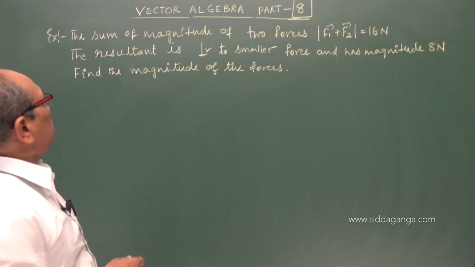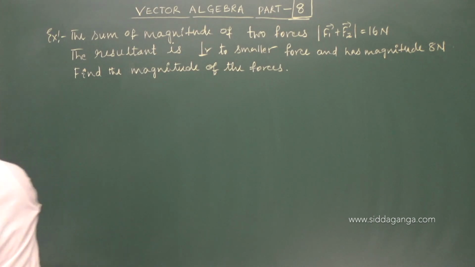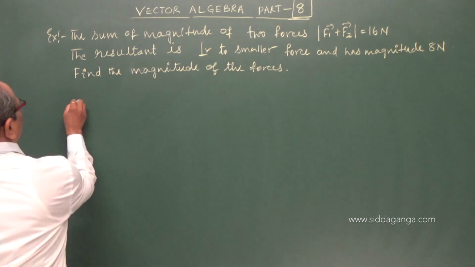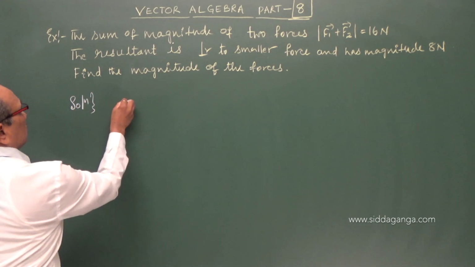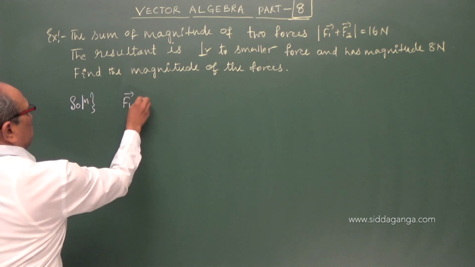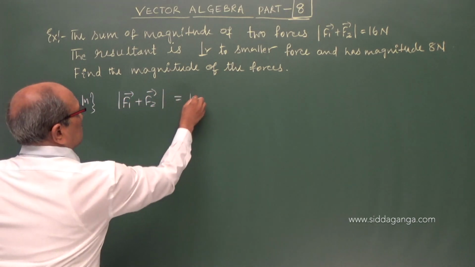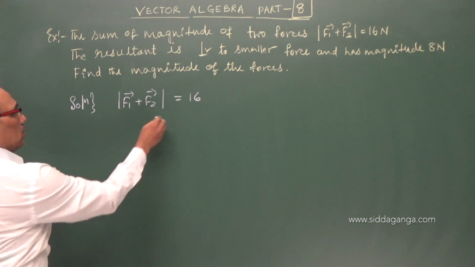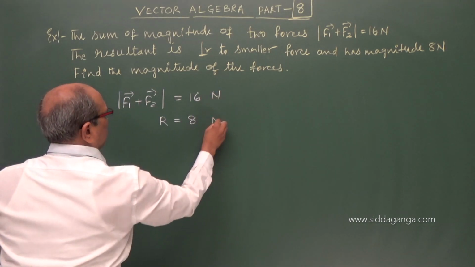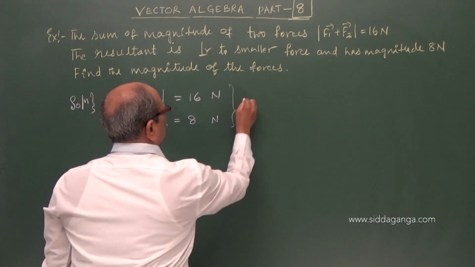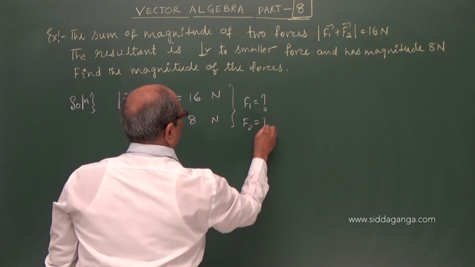So read the question here. The sum of the magnitudes of the forces: given F1 plus F2 magnitude is 16. The resultant of those two is 8 Newton. The question is, F1 how much, F2 how much.